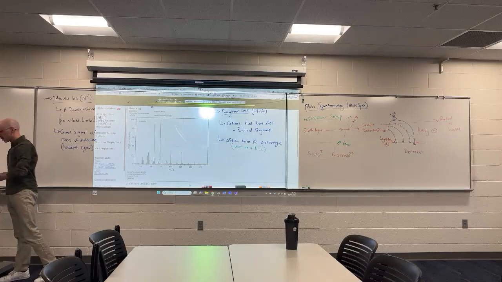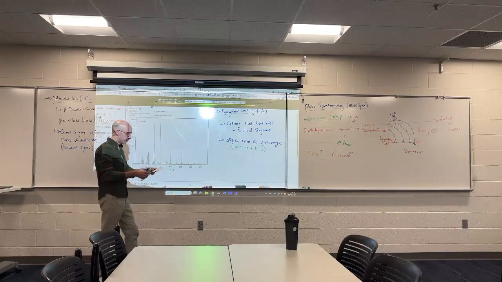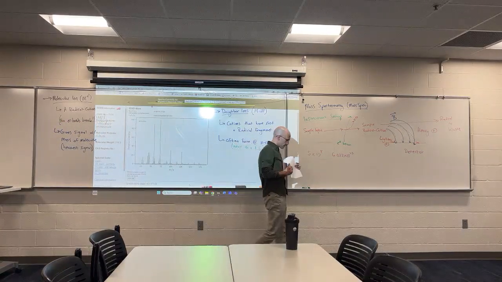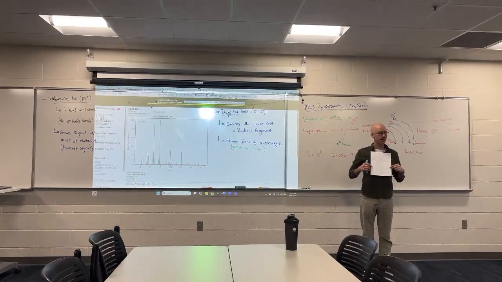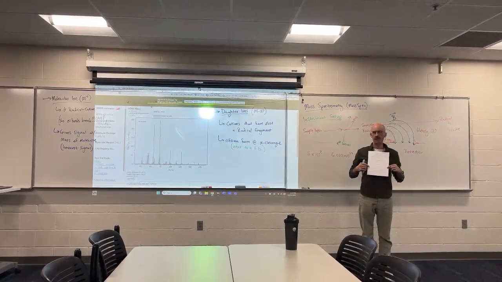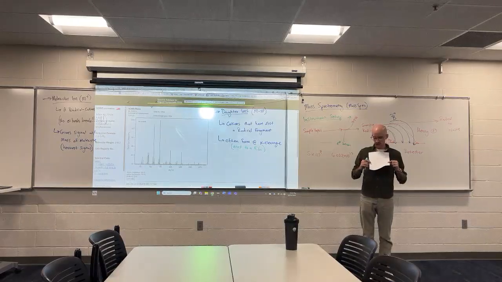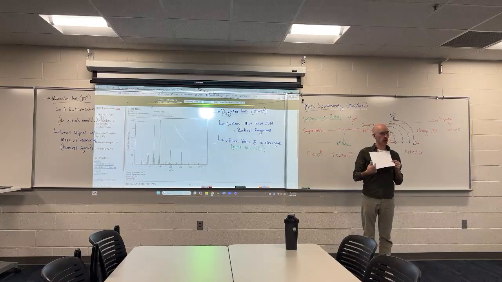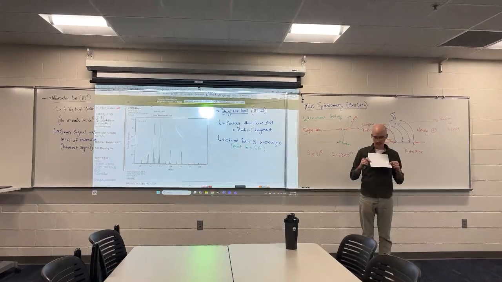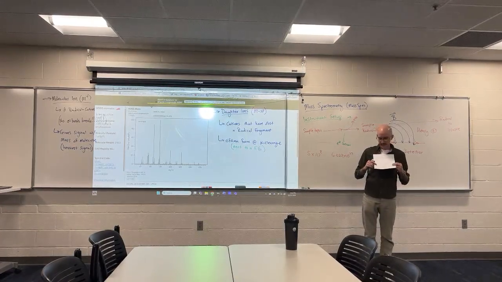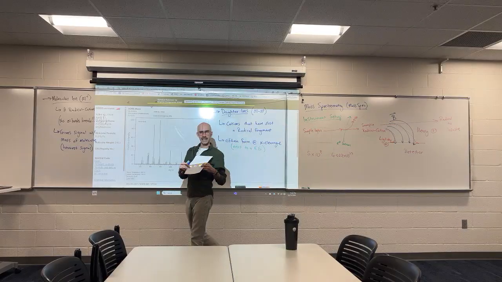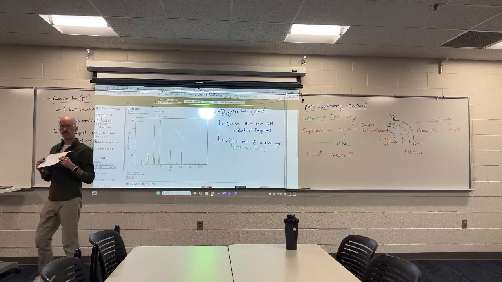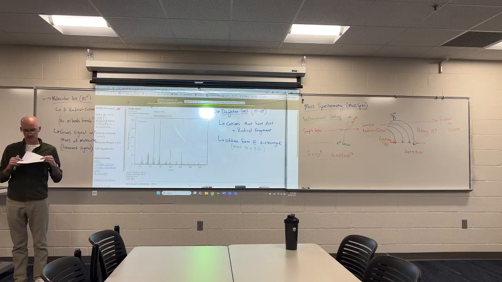On your correlation table, I've given you some common fragments that form as daughter ions. You'll notice that the bottom has units of mass per charge, m over z. At 15, you see the methyl cation, CH3+, 29, ethyl cation, CH2CH3+.